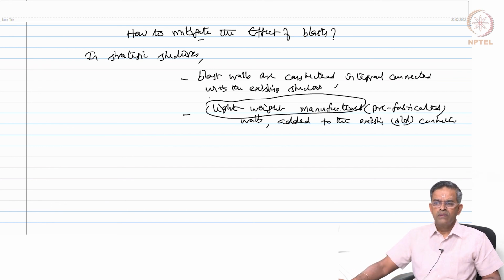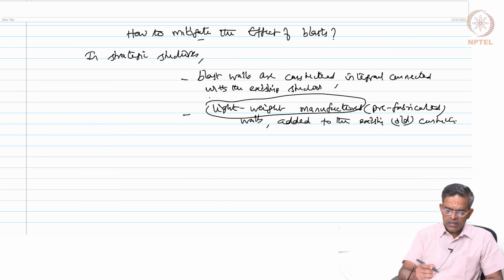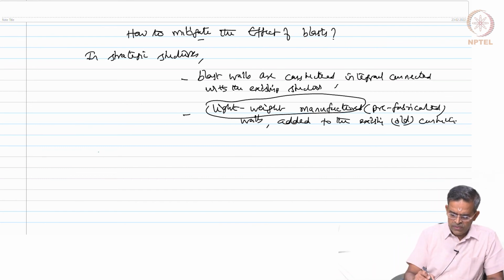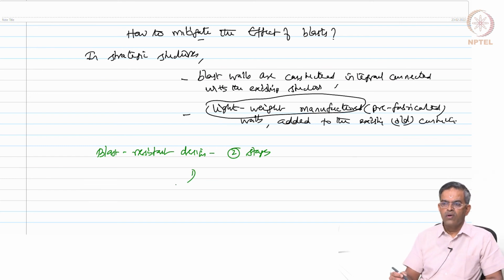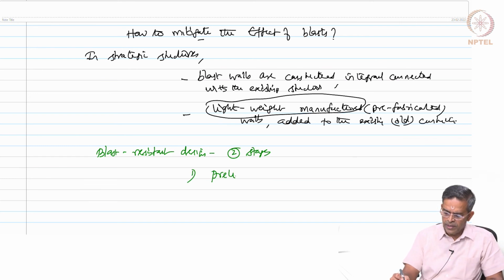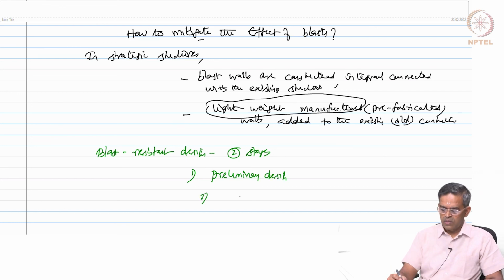Okay. Having said this, the blast resistant design is generally carried out in two stages. One is of course the preliminary design. The next one is the detailed design.